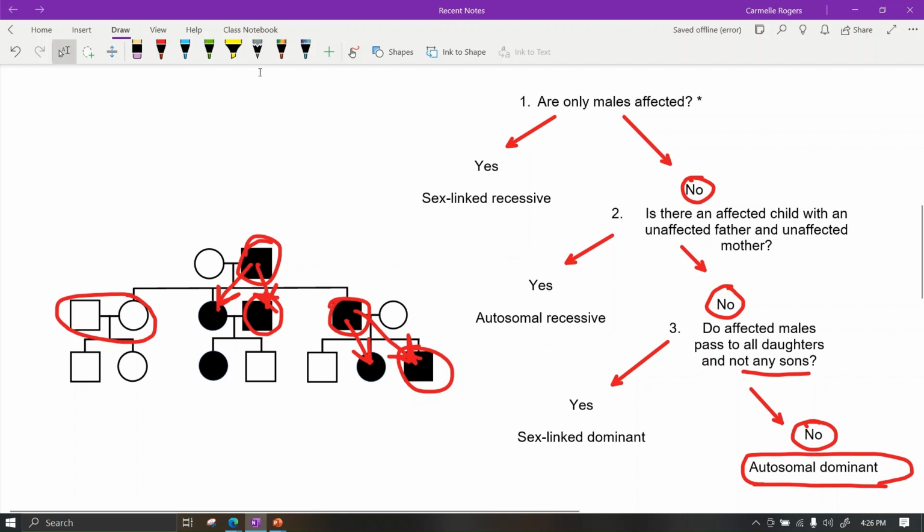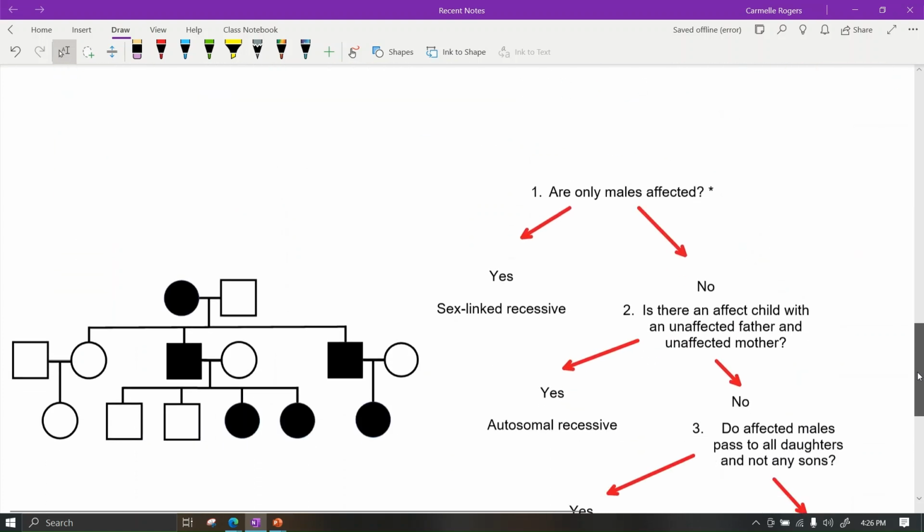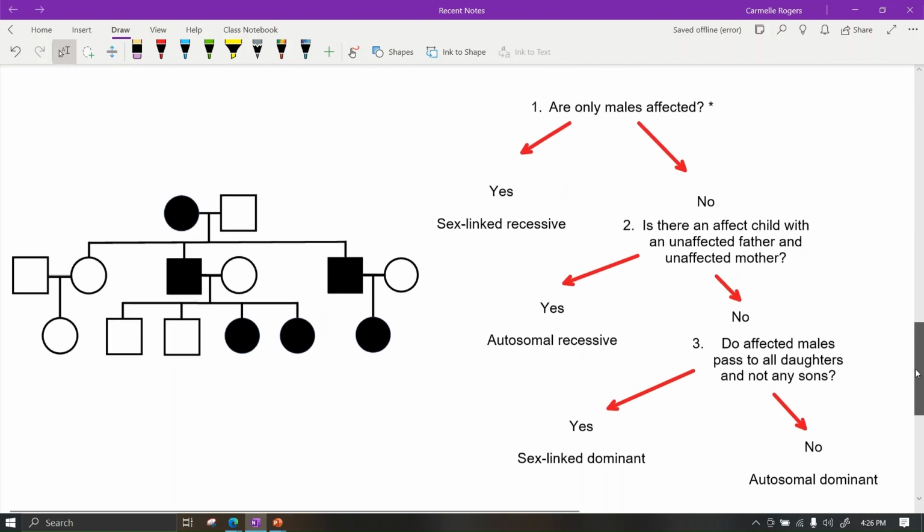Let's go to the last question. Step 1, are only males affected? And if we look closely, we see both males and females are shaded in.